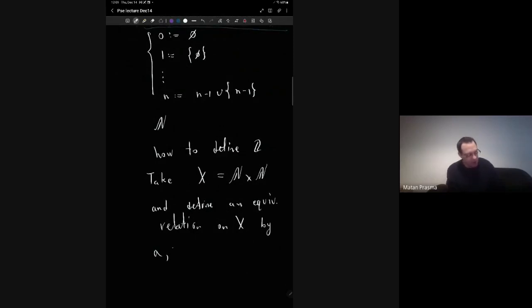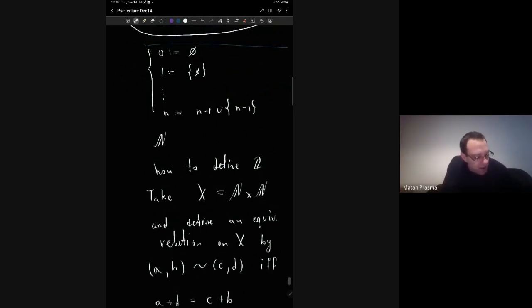That is, I take (A, B) and I declare it to be equivalent to (C, D) if and only if A plus D is equal to C plus B. You can ask, how did I define addition on the natural numbers?